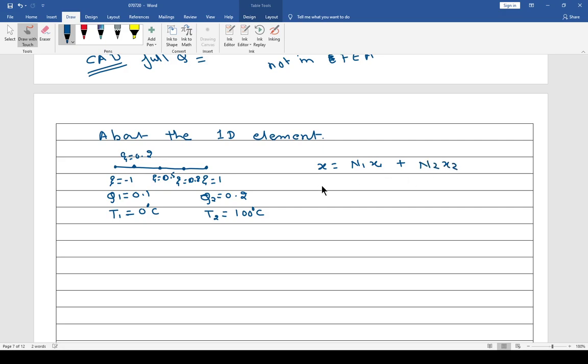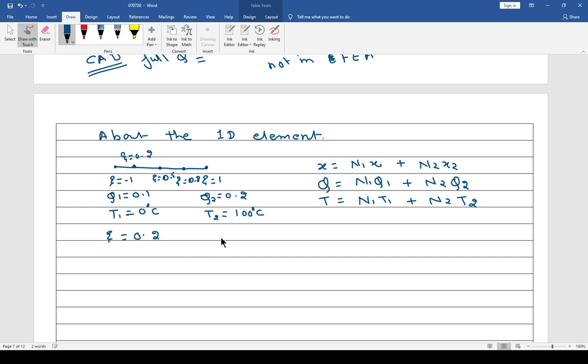At the same time my displacement q equals N1 q1 plus N2 q2. This we have already written. And my temperature is also going to be N1 T1 plus N2 T2.